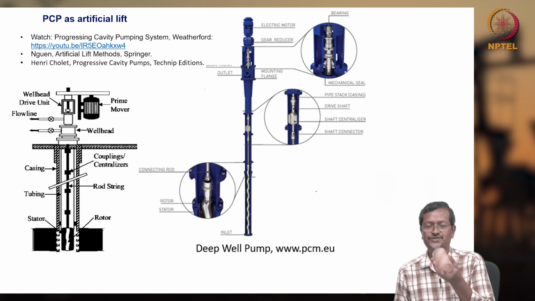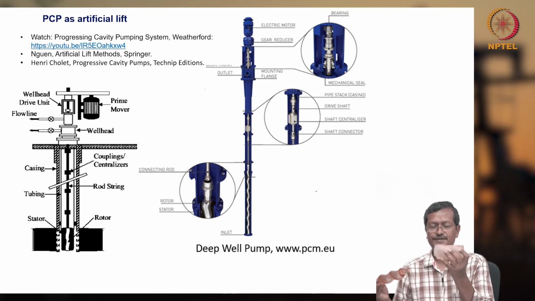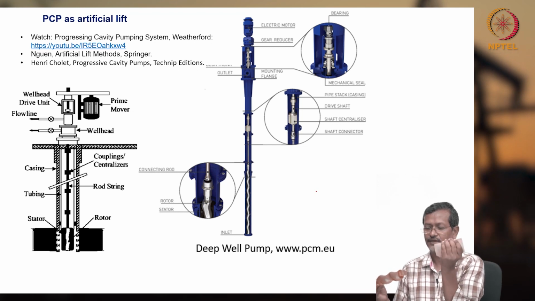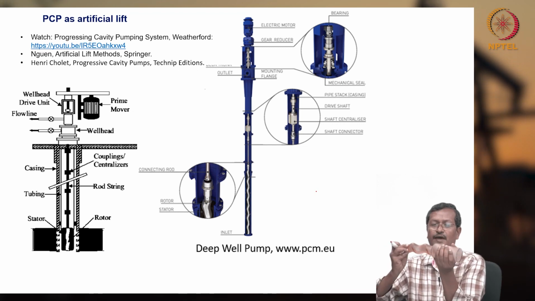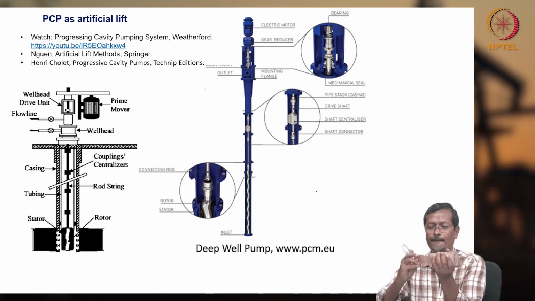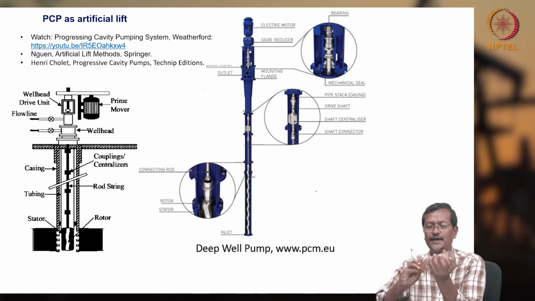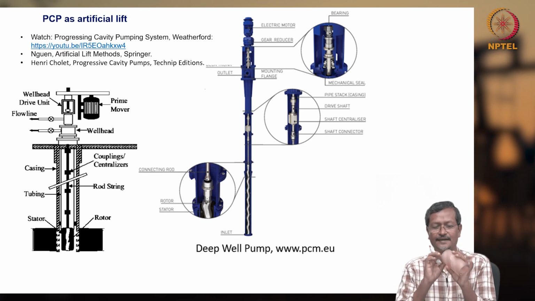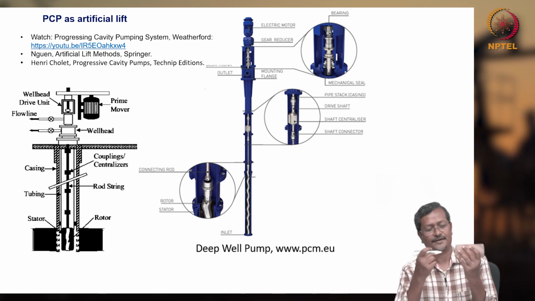Now, I have the stator. The stator is not rotating, that is why it is called stator, it has to be fixed, and you have to rotate the rotor, which enters here. The stator also has a helical cavity. How helical?